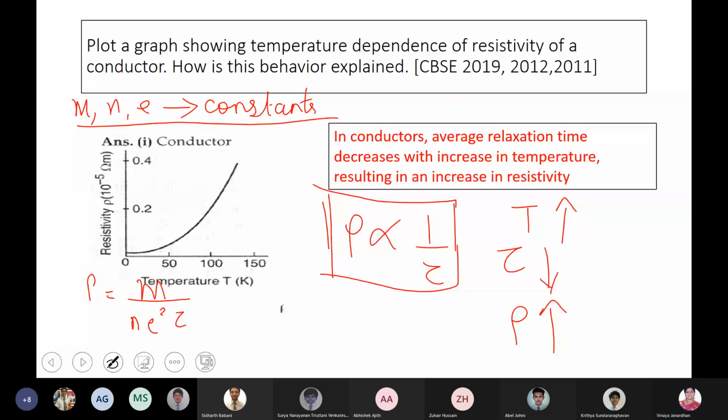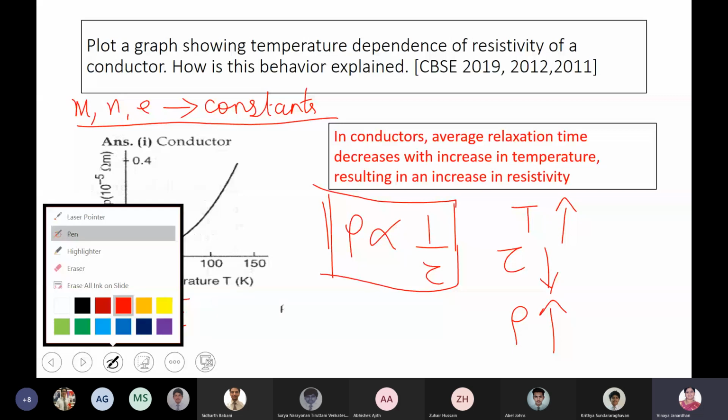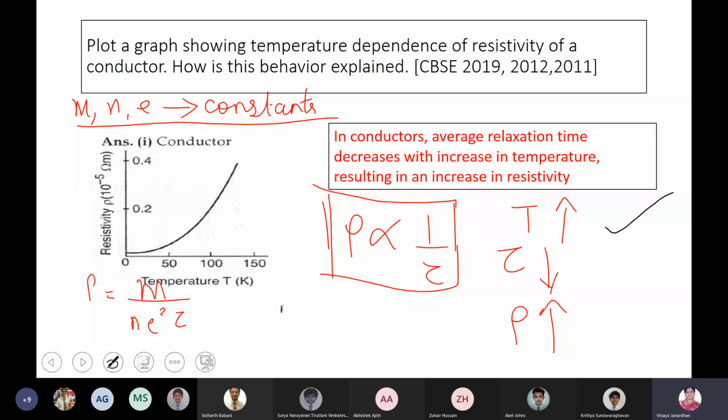Temperature. No, resistivity and temperature for the other one. Which one? The previous one was semiconductor. This is conductors. It is how resistivity is going to change with temperature. So now look at this statement, boys. As temperature increases, the relaxation time will decrease, your resistivity will increase.